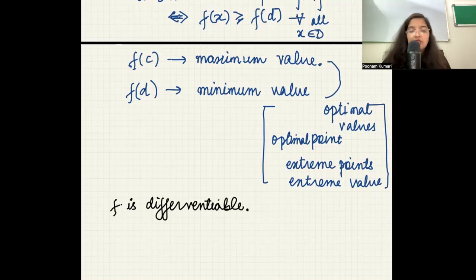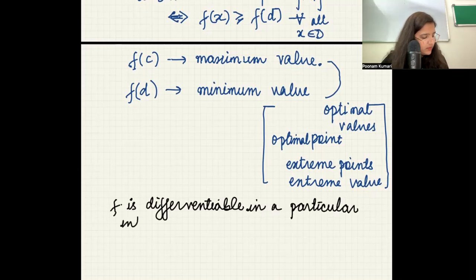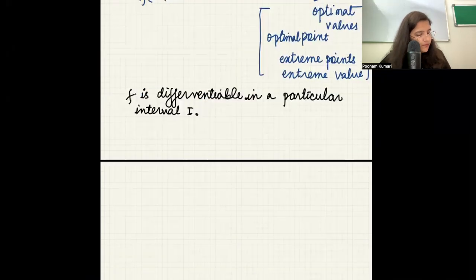Let's say it is differentiable in a particular interval I. So let's say my function is differentiable in a particular interval and I have a point x naught in this interval I, and it should be in the interior of this interval only, because at the extremes of the interval, the function is not differentiable.